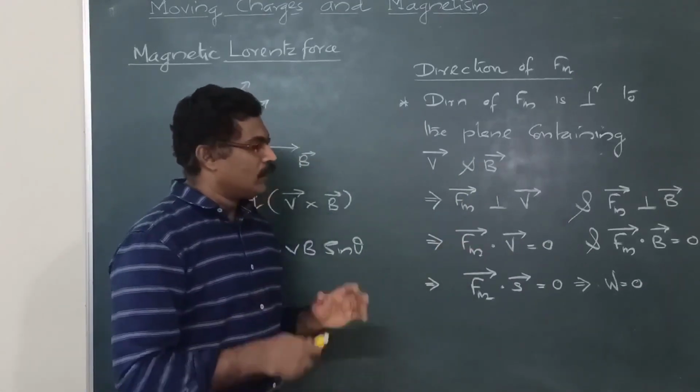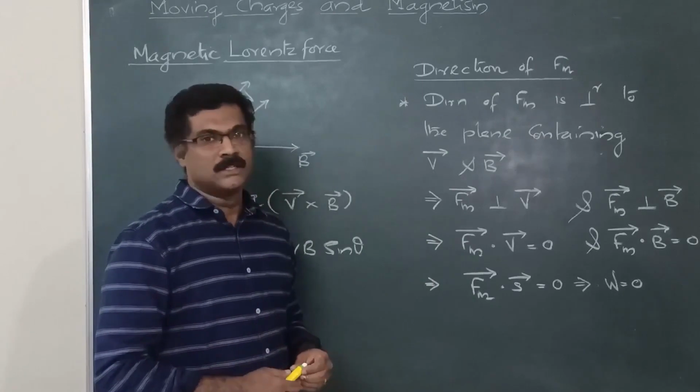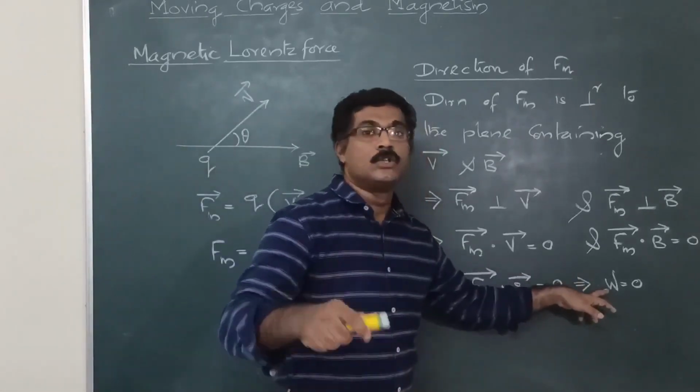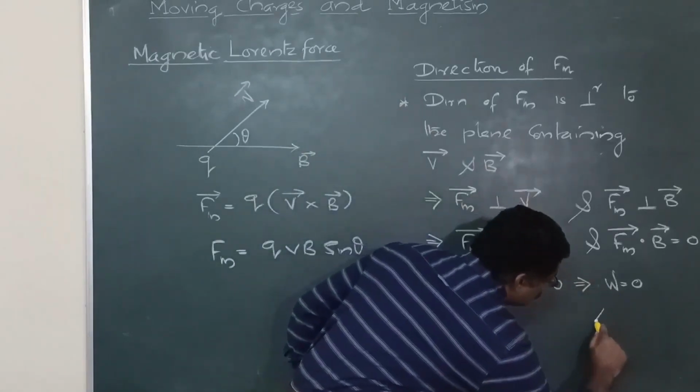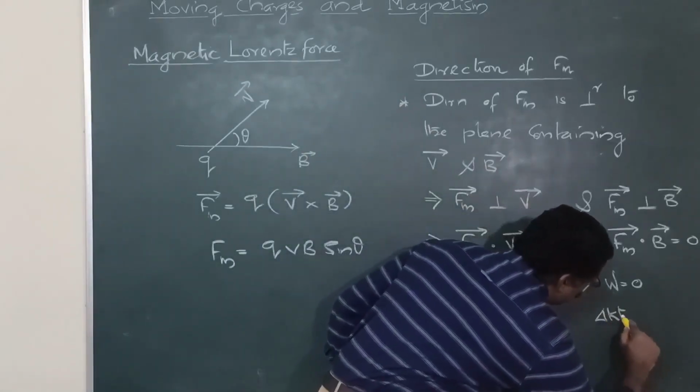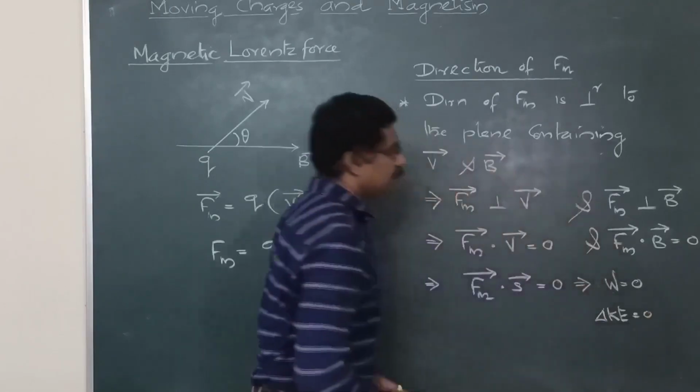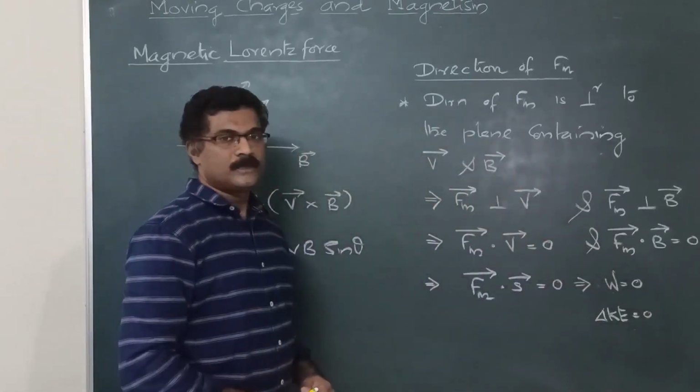And we know that according to the work energy theorem, this work done is equal to the change in kinetic energy. So change in kinetic energy equals 0.